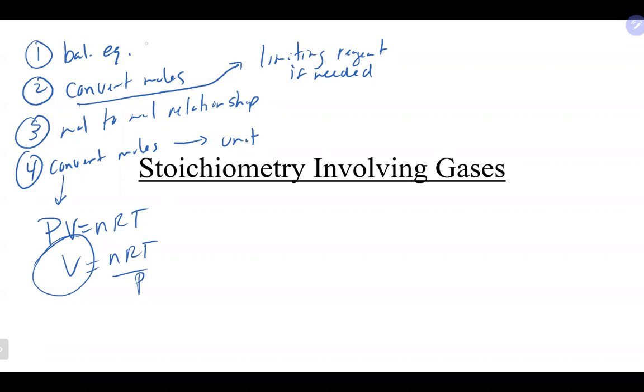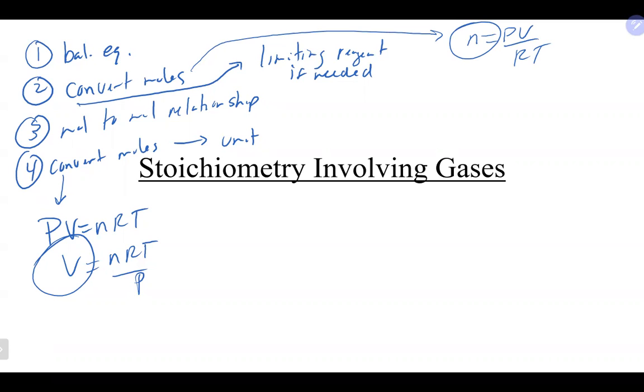You also could use it early on, instead of converting grams to moles. You could use the ideal gas law and solve for n, which would be PV over RT, and you would be solving for moles. At that point, it would be a normal stoichiometry problem. Those are two very common places where you insert the ideal gas law.